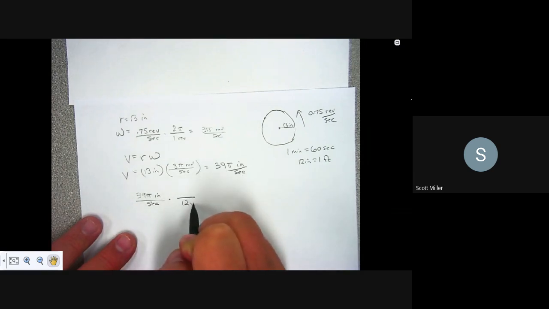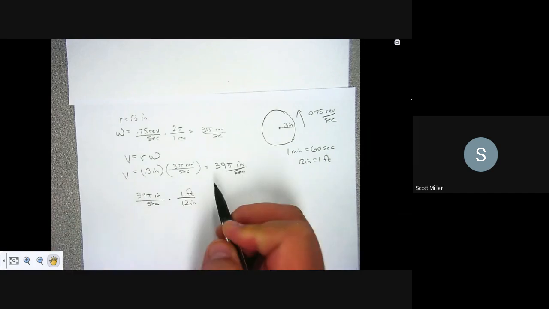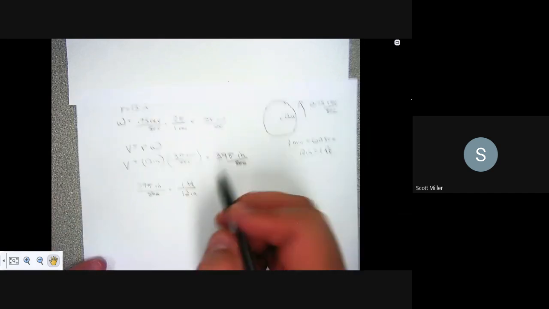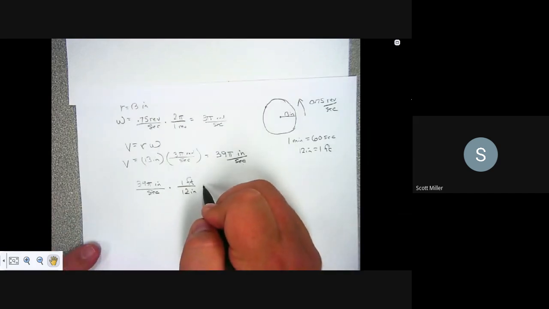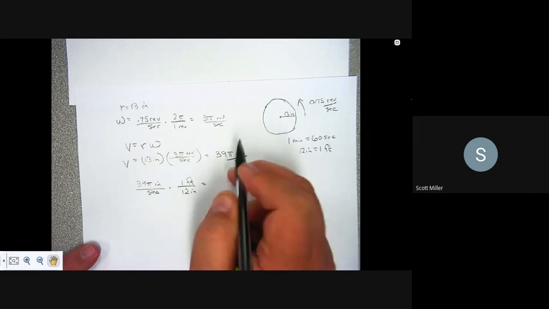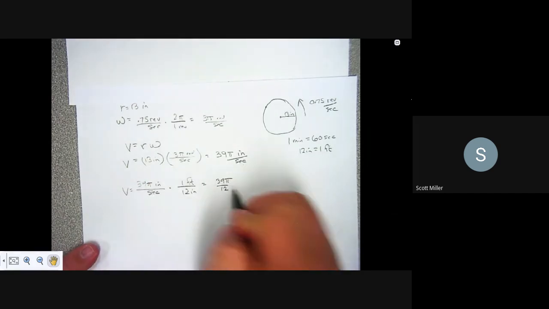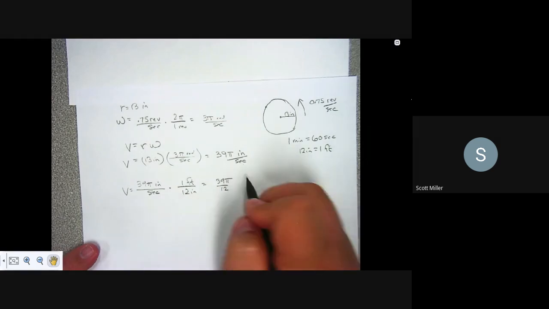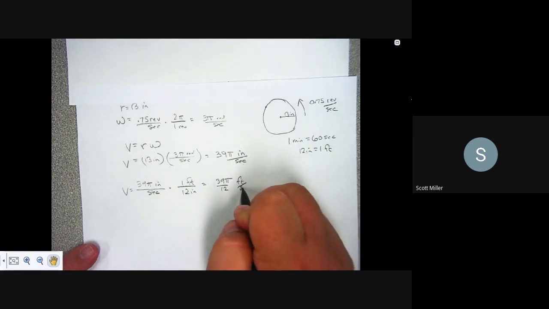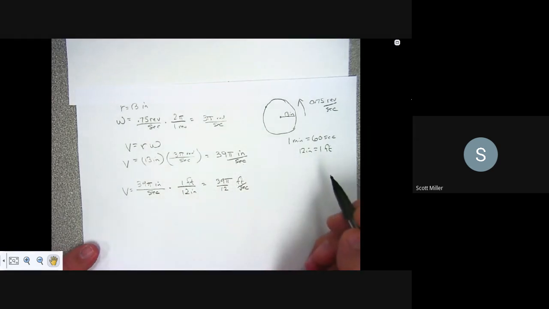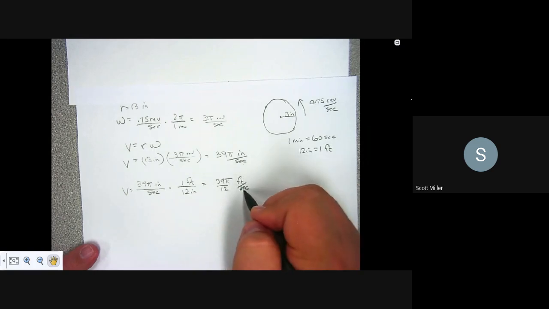There's 12 inches in 1 foot. And if I do that, 39 pi over 12 feet per second. So I'll do that distance every second.